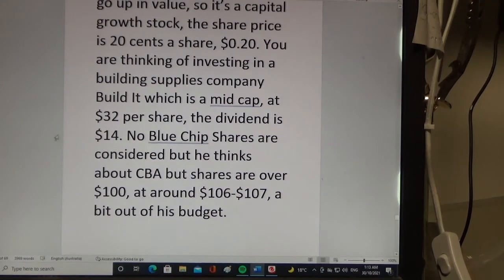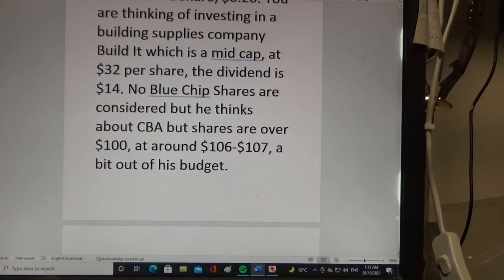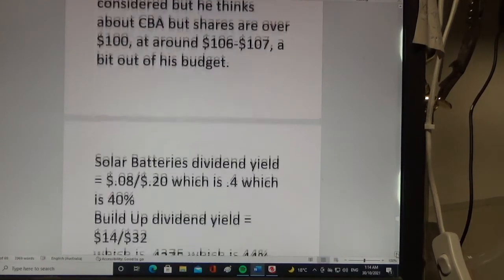So $14 is for the whole year. That's a combination of both the interim and final dividend, okay? There's no blue chip shares considered here, but he thinks about Commonwealth Bank of Australia, but the shares are over $100, around $106 or $107 a share, which is a bit out of his budget.